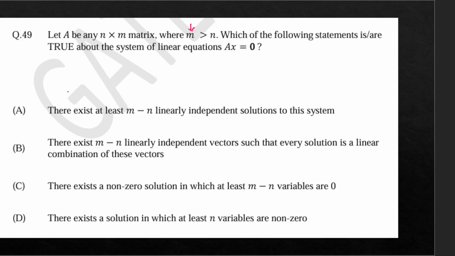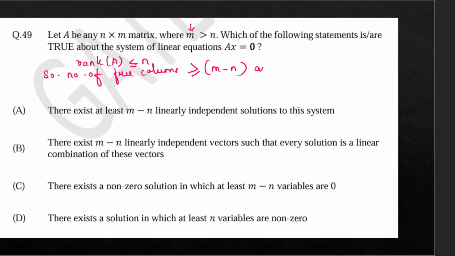Okay, so if we consider rank of A smaller than or equal to n, so the number of free elements, or we can say free columns, is greater than or equal to m minus n.